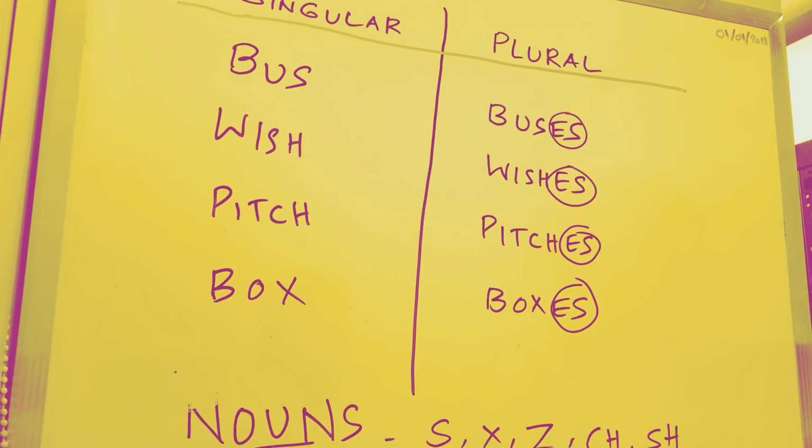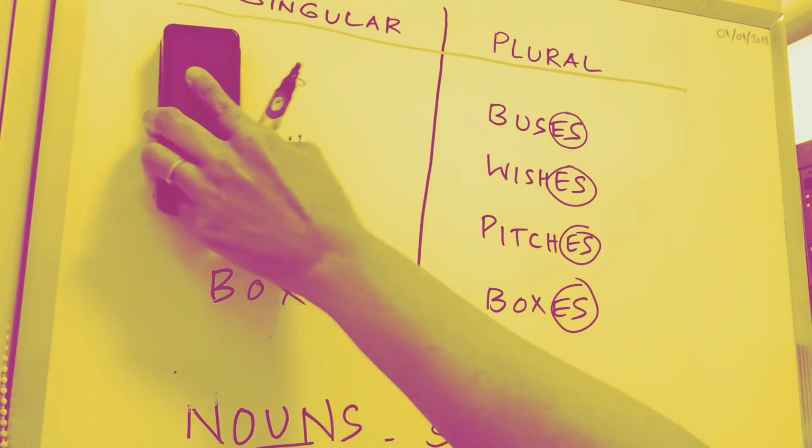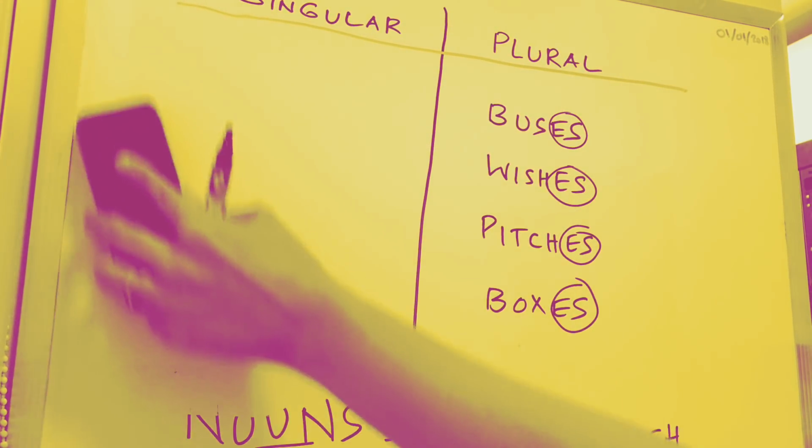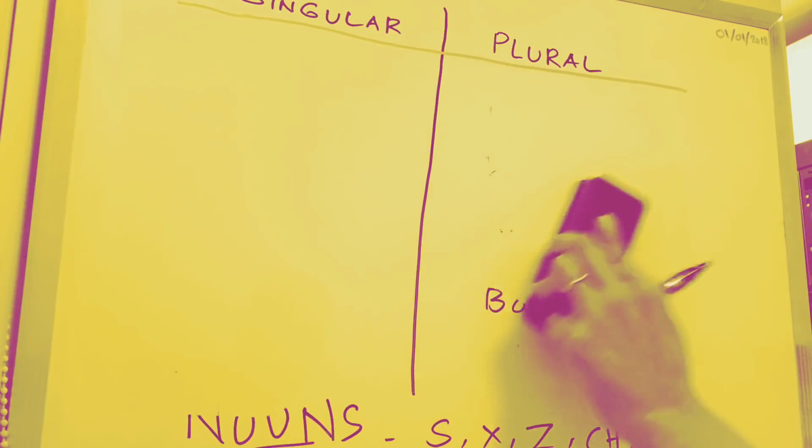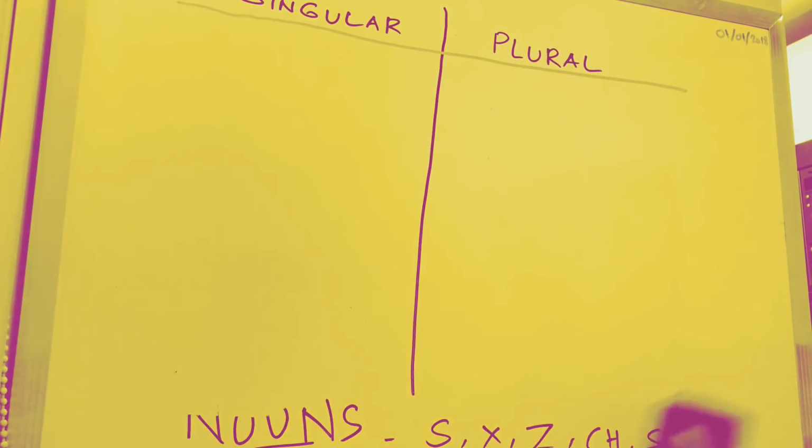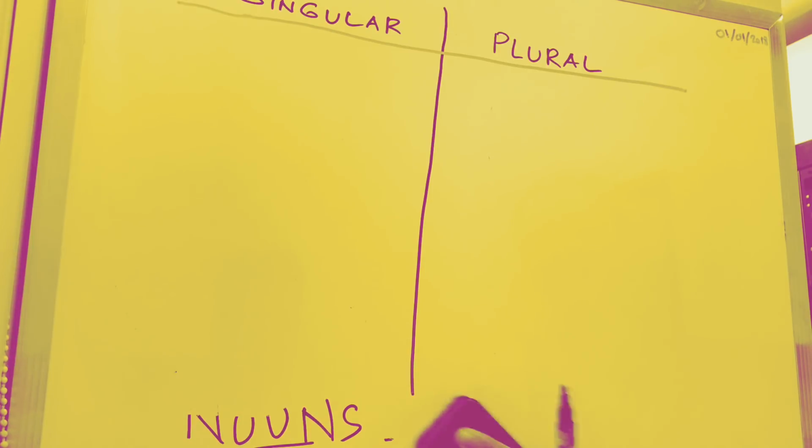And then what I'm going to teach you next is when you have a noun ending with Y. So now these nouns are going to end with the letter Y. This is the letter we are talking about, okay?